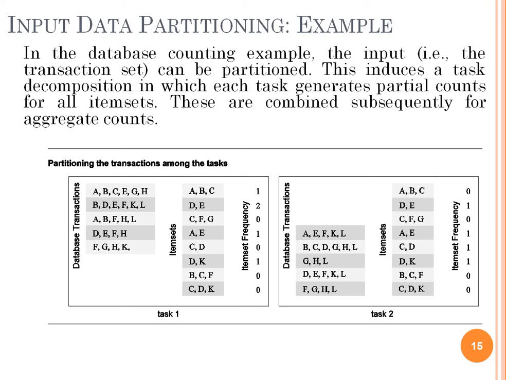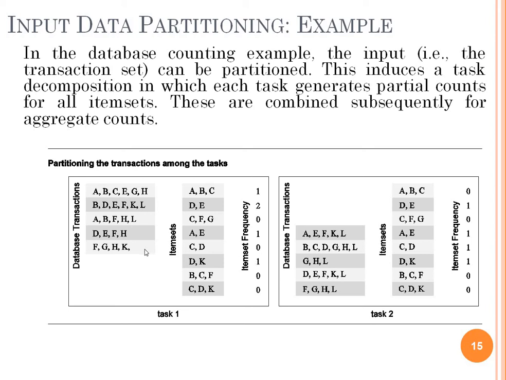Now here we can use the input data partitioning method. See here, this is the transaction database, these are the item sets, and these are the frequencies. As there are 10 transactions and 8 item sets, we have to calculate the frequency, shown in the third column.